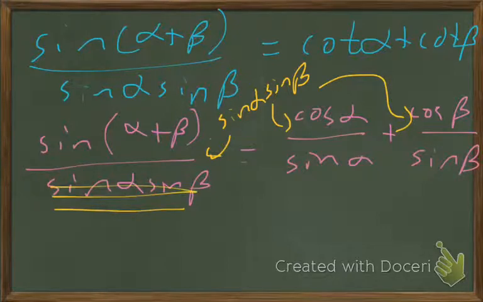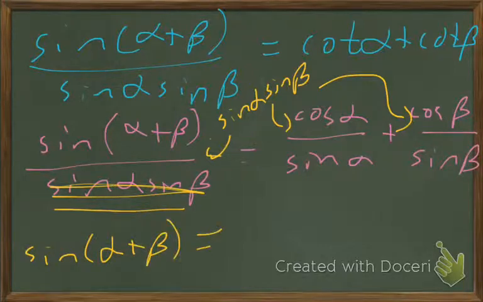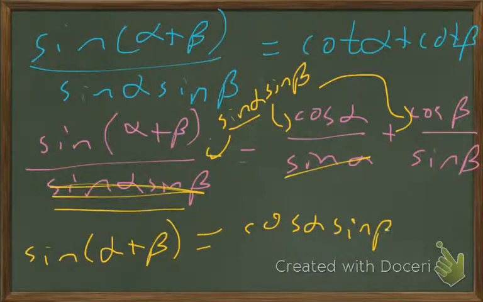Now it cancels this one out completely, leaving us with sine of alpha plus beta. Now this equals this sine alpha and this sine alpha cancel, leaving us with cosine alpha sine beta, plus this sine beta and this guy cancel, leaving us with sine alpha cosine beta.